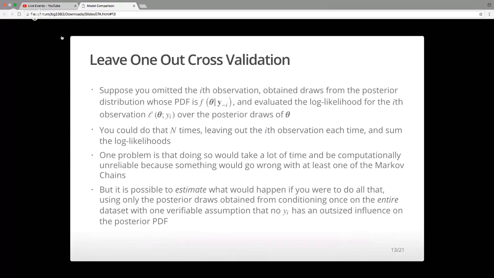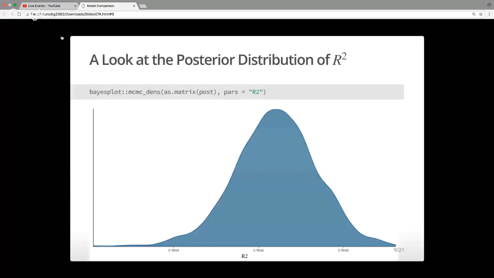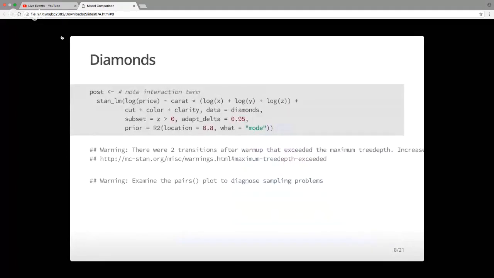Okay. I'm still a little shaky on how you know to move the location of the R squared in the prior. Right. How much? Yeah. So again, it's subjective, but I started with a prior mode of 0.8 when I had the interaction terms in it.